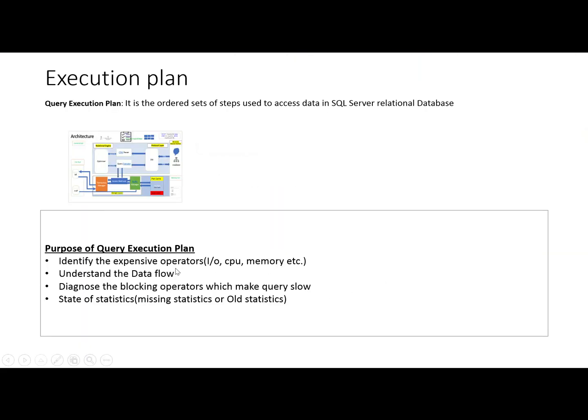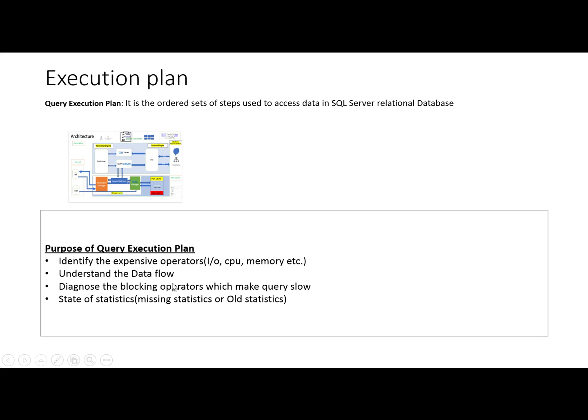The purpose of creating the execution plan is to identify the expensive operators, so that we can know which part of the execution plan is using more expensive operators, and the query can be revised to overcome that expense. These operators involve input output, CPU, and memory.